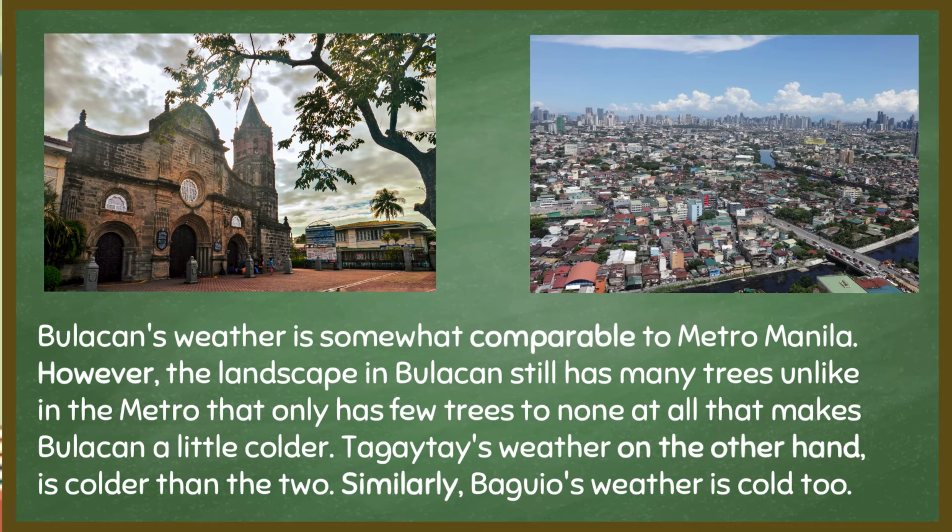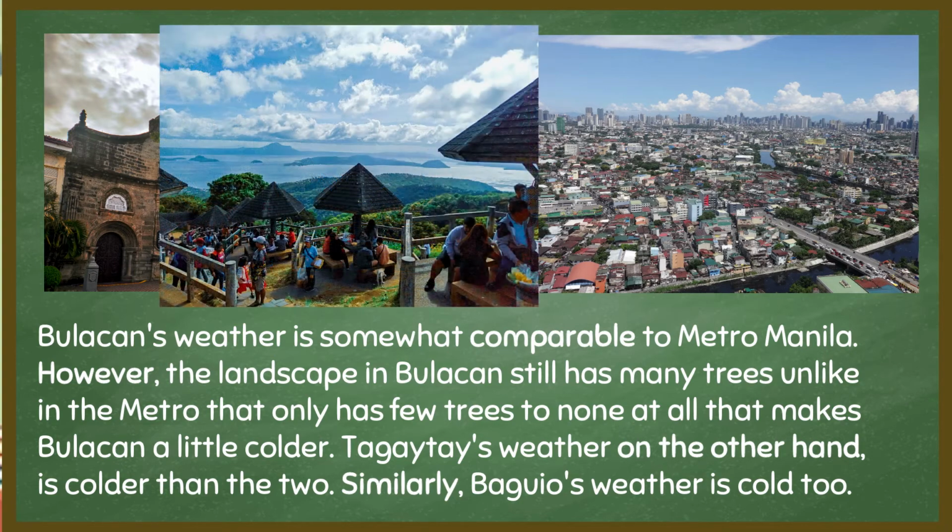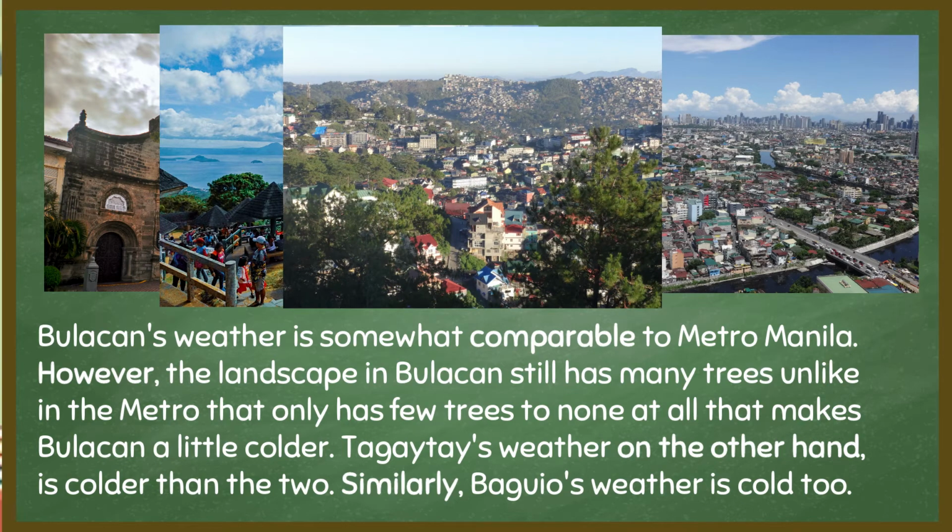That makes Bulacan a little colder. Tagaytay's weather, on the other hand, is colder than the two. Similarly, Baguio's weather is cold too. The transition signals used for comparison in this sentence are comparable and similarly, while the transition signals used to contrast are however and on the other hand.